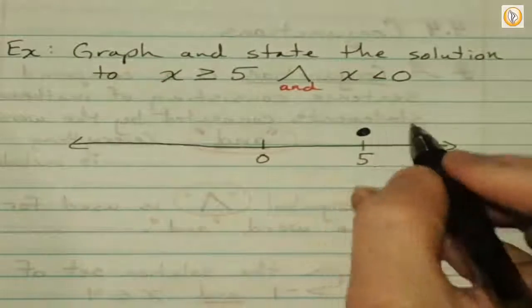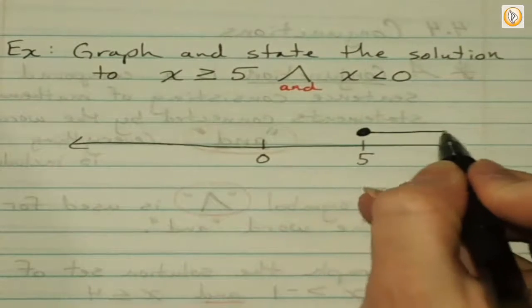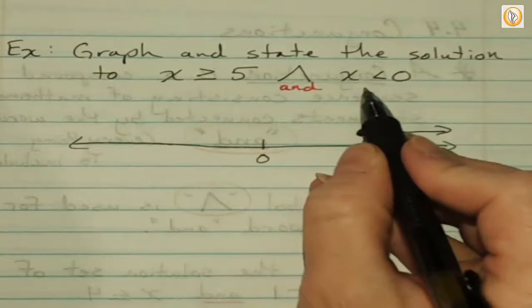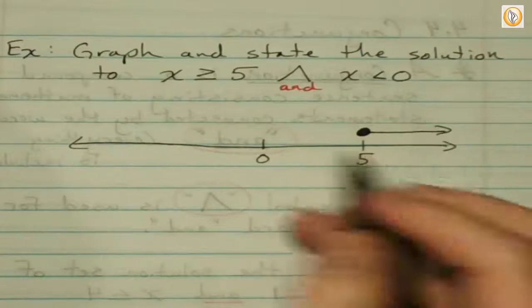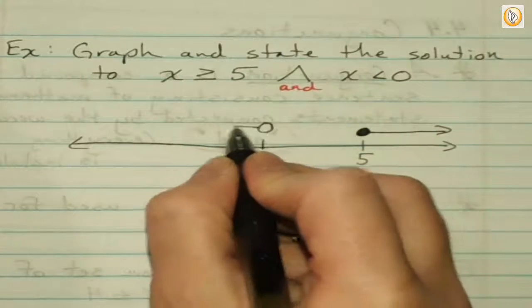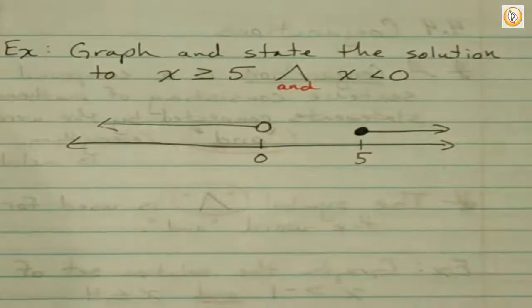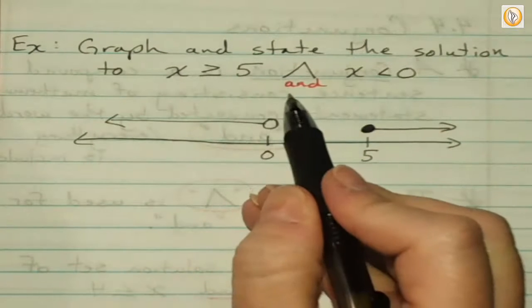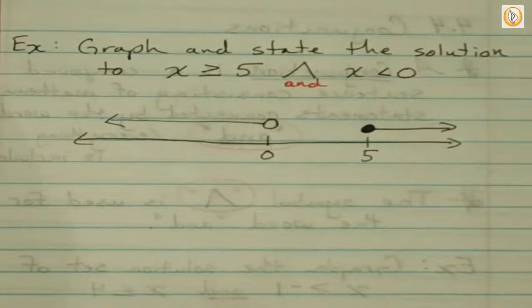And x is greater than, so it's going to go in this direction. This is saying x can be any number less than 0. Open circle, and it's less than 0. Okay, do y'all see that? Remember, it's and, so we're looking for the area of the graph that they have in common or they share.